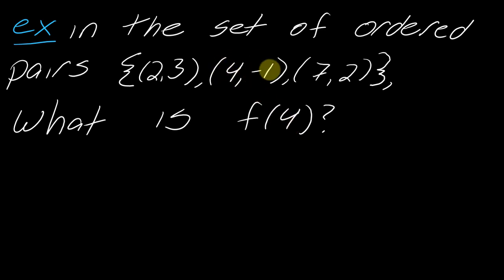So in this case, I just need to refer to my ordered pair. And so my f of 4 in this case is just given to me. It's equal to -1. So when you have ordered pairs, this is not even something you have to do any work for. The answer is right in front of you as long as you know how to read the function notation.